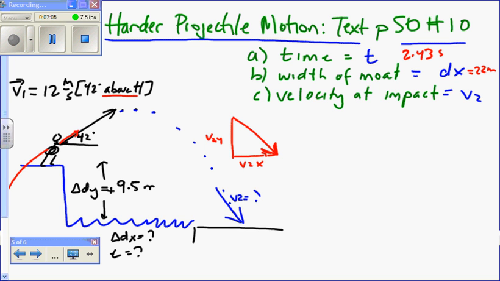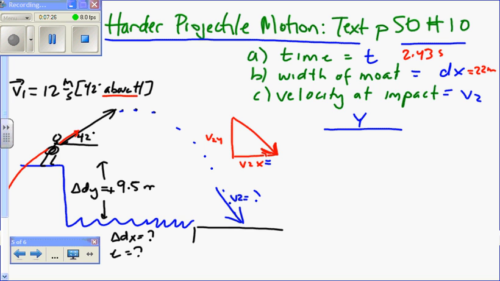Now we have to find V2, and this would be not the hardest, but the most different of what we've done so far. So if I came over here and we look at just the y direction, might as well solve it right here, right at that picture. We want to find V2y.